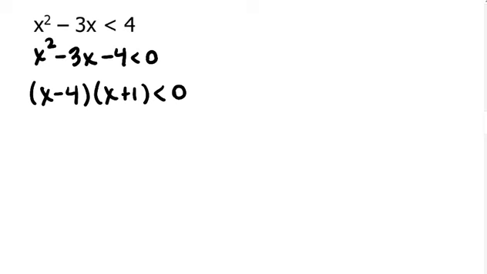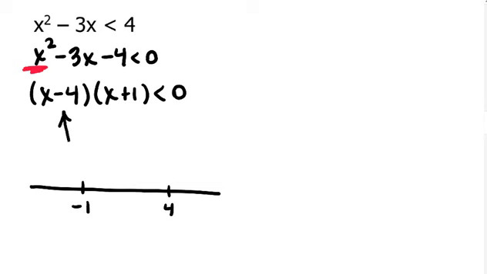And I'm ready to give a sketch of the graph of this thing. This has zeros at negative 1 and positive 4. And it's a parabola that opens up because of that. I can just draw a little picture of it.